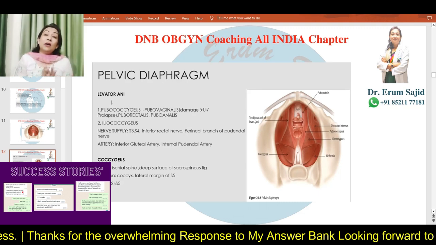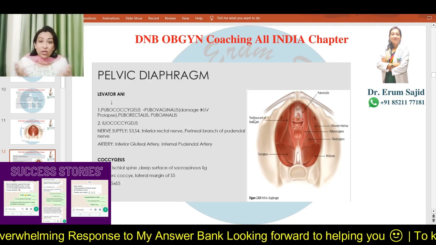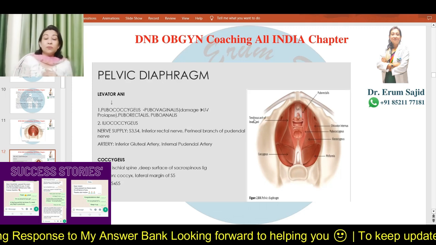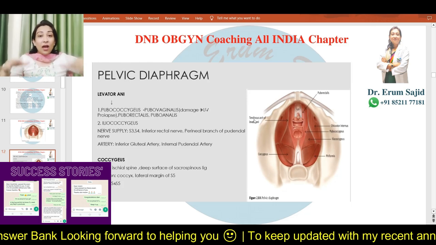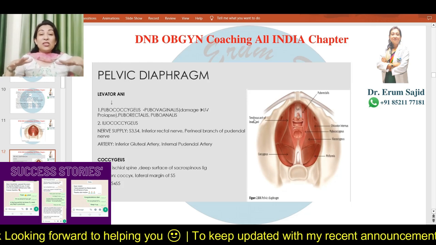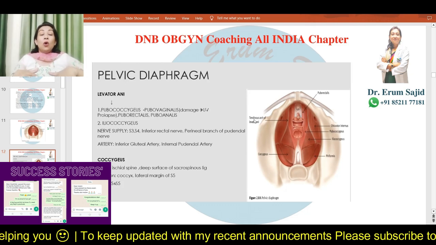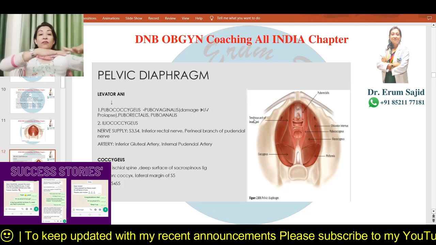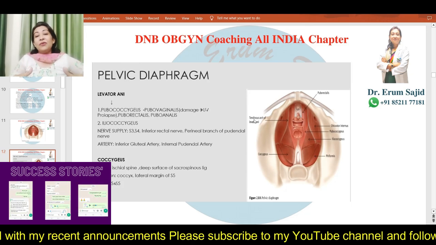You know that this levator ani is called the pelvic diaphragm. It is actually a diaphragm. Last lecture also I spoke about it. It's like the diaphragm above, something like this. A very tough muscular flap, or let's say muscle of the body, which separates the thoracic cavity from the abdominal cavity, or the peritoneal cavity to be more specific.